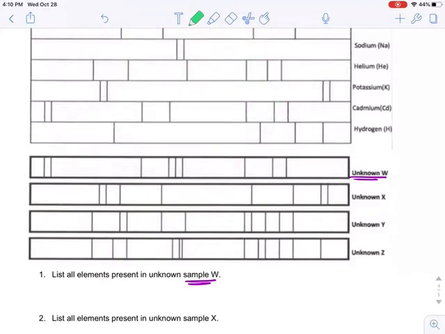Let's start all the way to the left and work our way across to the right. So this first line matches. This first line matches. So does this one. And this one. And this one. We have a match here. And a match here. So it looks like we have C, D in our sample.